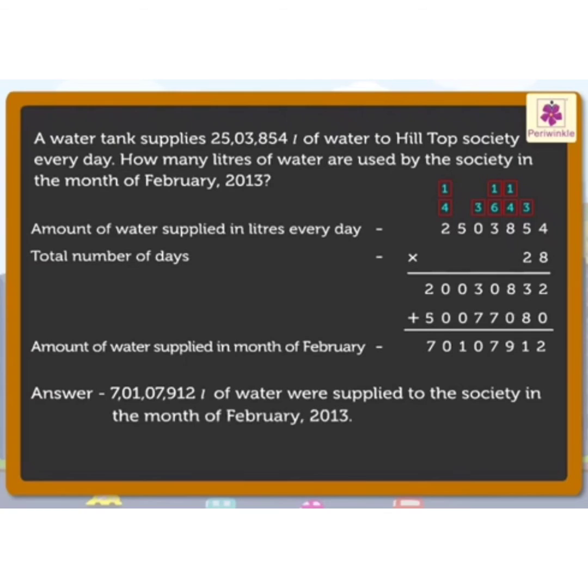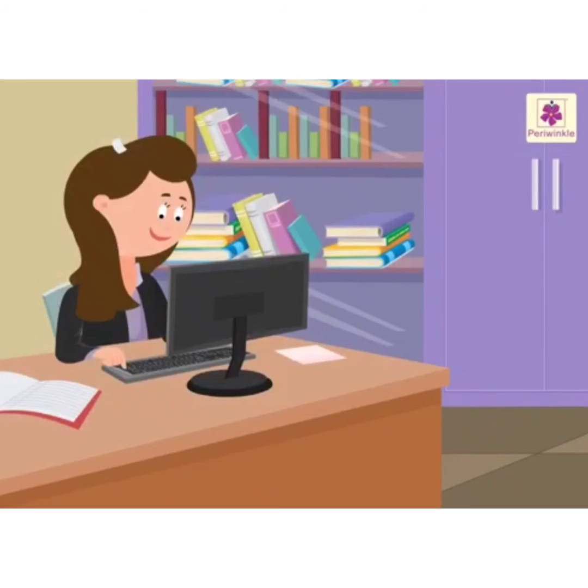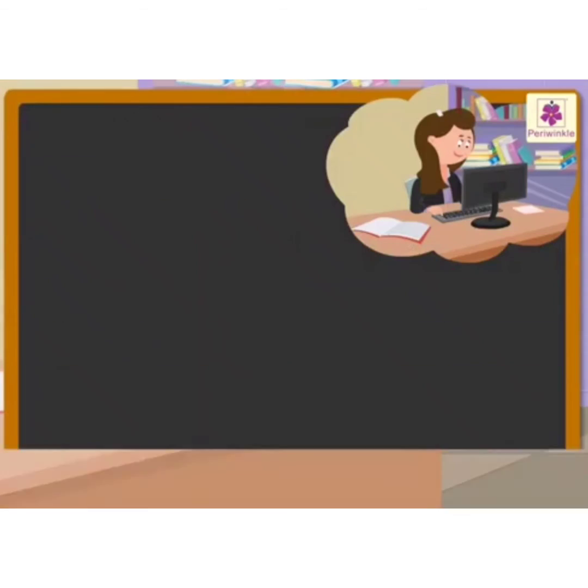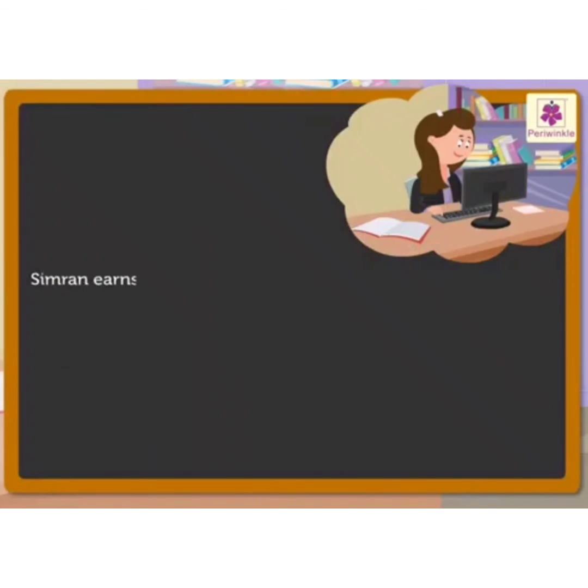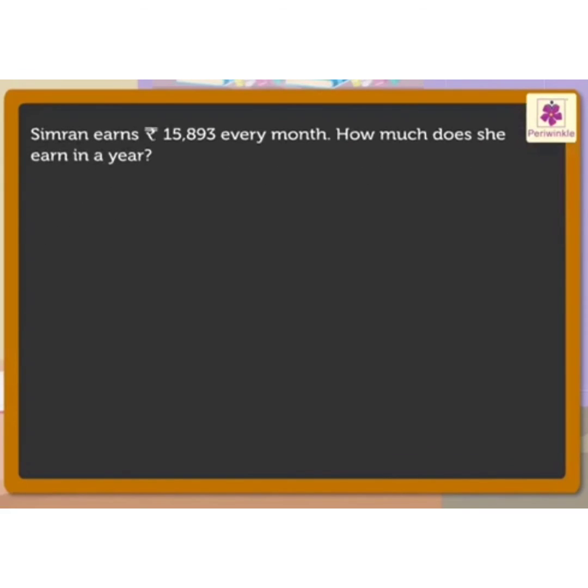Let us solve one more multiplication story. Simran earns rupees 15,893 every month. How much does she earn in a year? Here, we need to ask the question, what is 15,893?